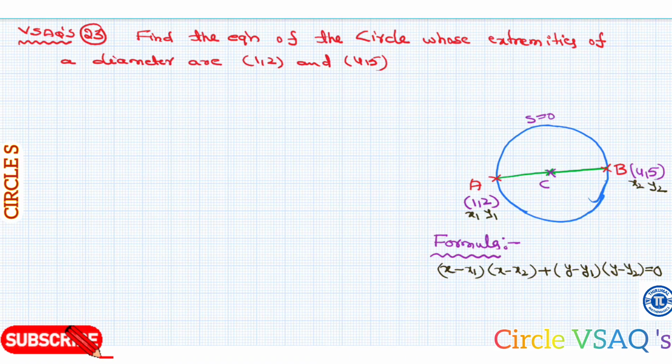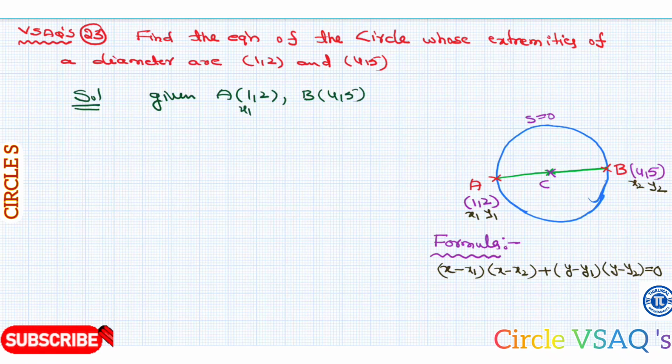Now question number 23. Find the equation of the circle whose extremities of a diameter are (1, 2) and (4, 5). Extremities means the end points of the diameter. Here given the extremities of the diameter, one is A(1, 2), second one is B(4, 5). That is x1, y1, x2, y2.